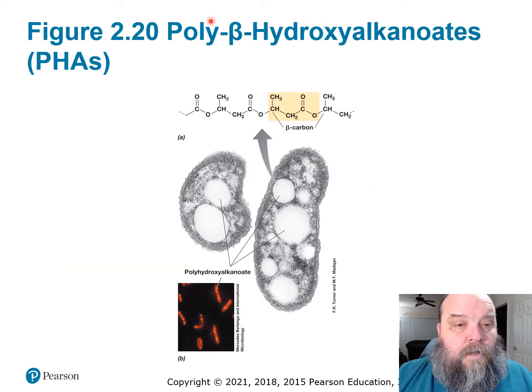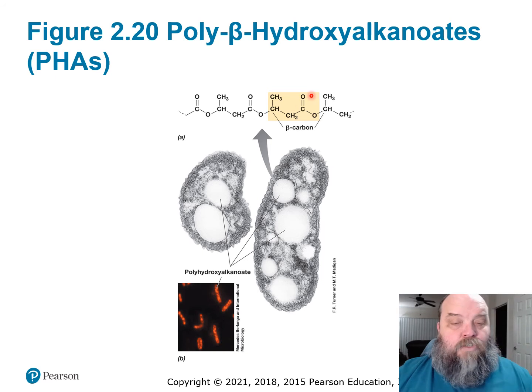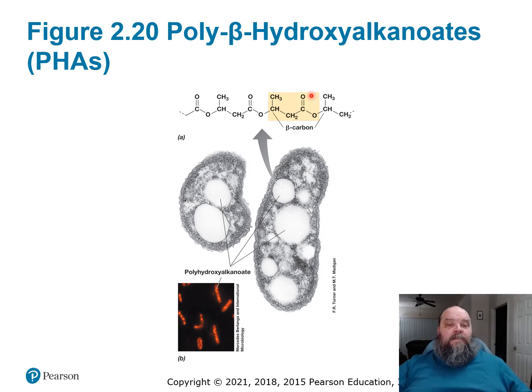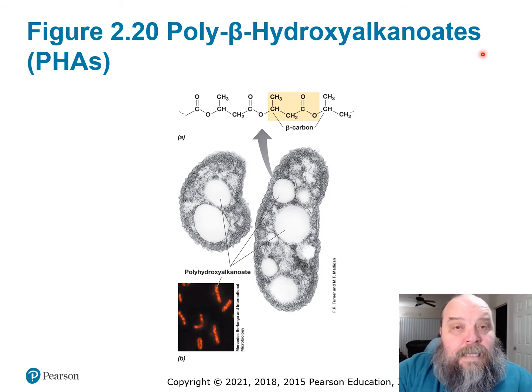You can see here from figure 2.20, here is some of that PHA, that butyric acid, these large globules. It's all of this just joined together that the cells can break down and utilize as needed at other times because they've overproduced it.